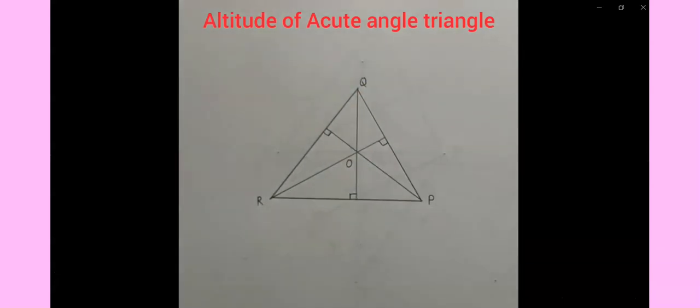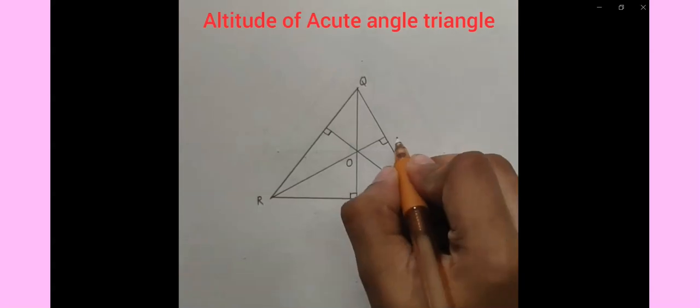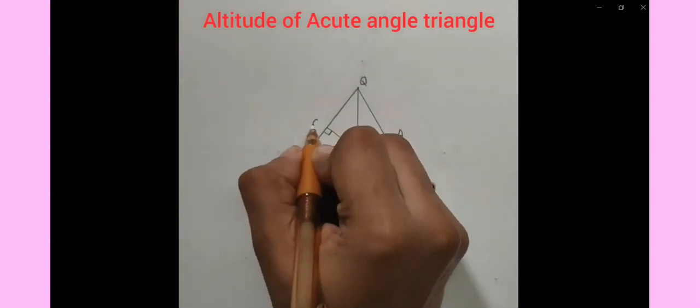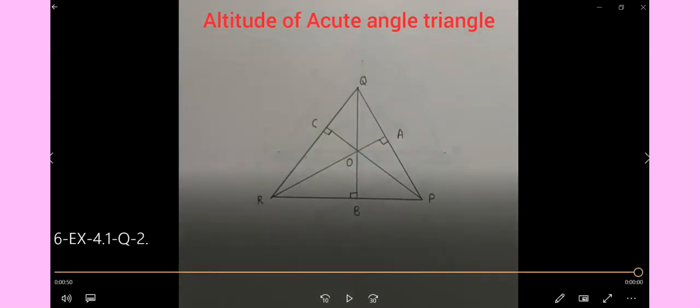These are the altitudes of a triangle PQR. O is the orthocenter.